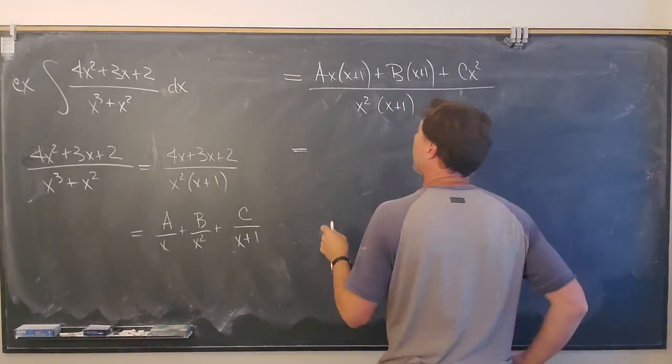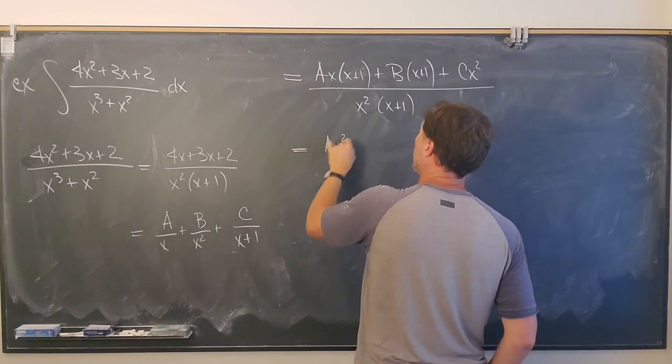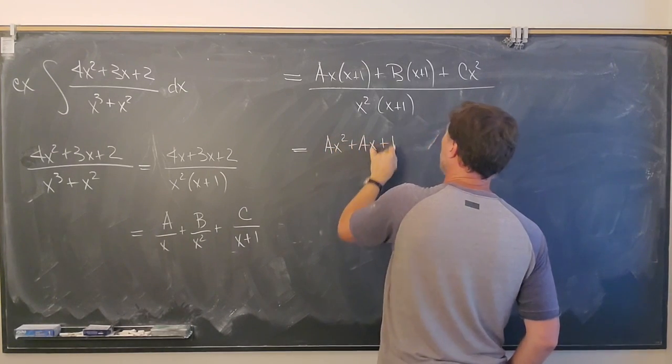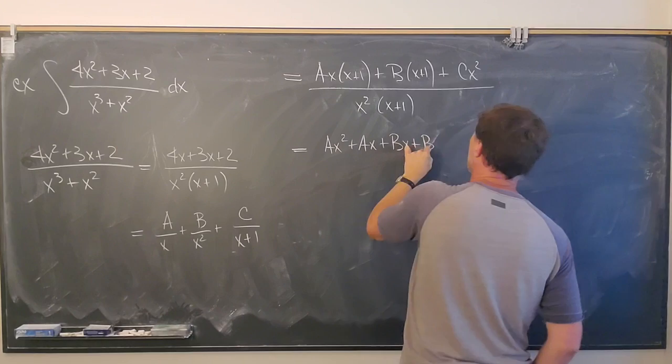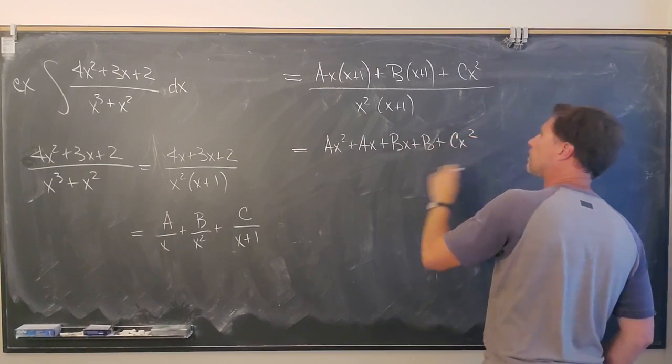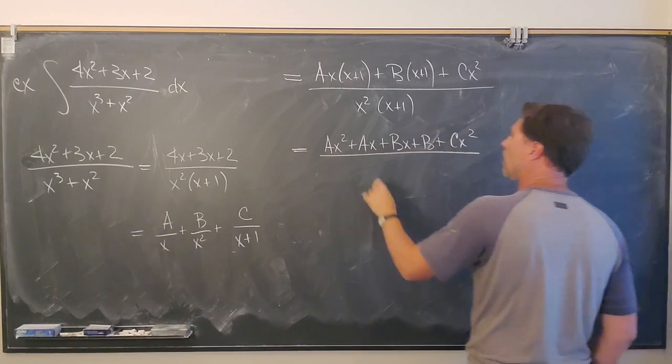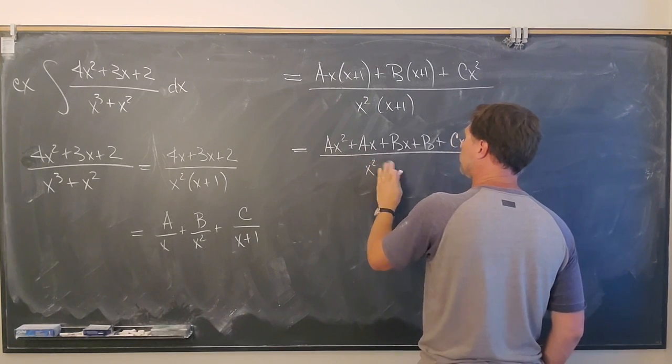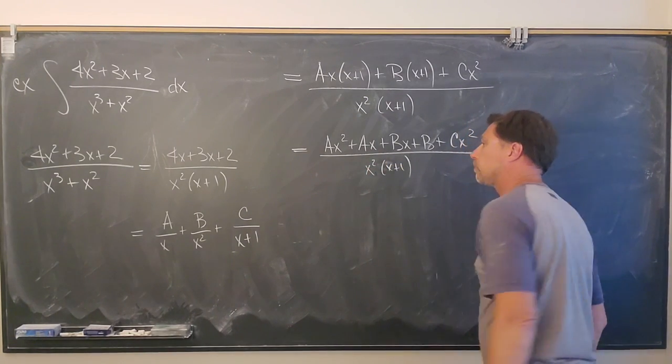Now multiply everything out, so we'll have an ax squared plus ax plus bx plus b plus cx squared all over x squared times x plus 1.